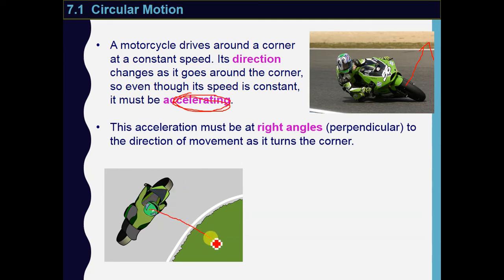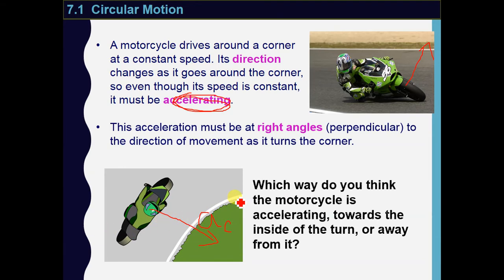For sure, we said the acceleration is directed toward the center, AC. Which way do you think the motorcycle is accelerating? Towards the inside of the turn or away? So for sure toward. The motorcycle is moving around a corner.